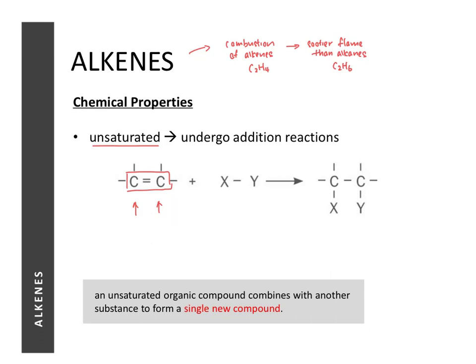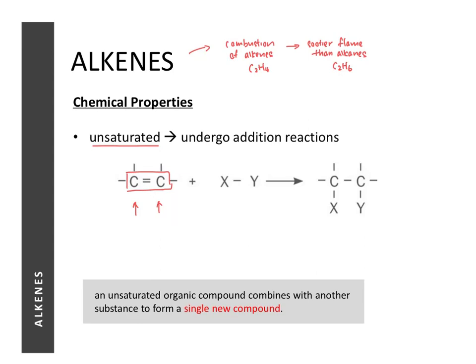But before we can do that, we have to break a bond. Why? Because the carbon atoms already have 4 bonds, so we cannot add any more bonds to it. But once we break one of the bonds in the carbon-carbon double bond, then we can add more atoms to it.